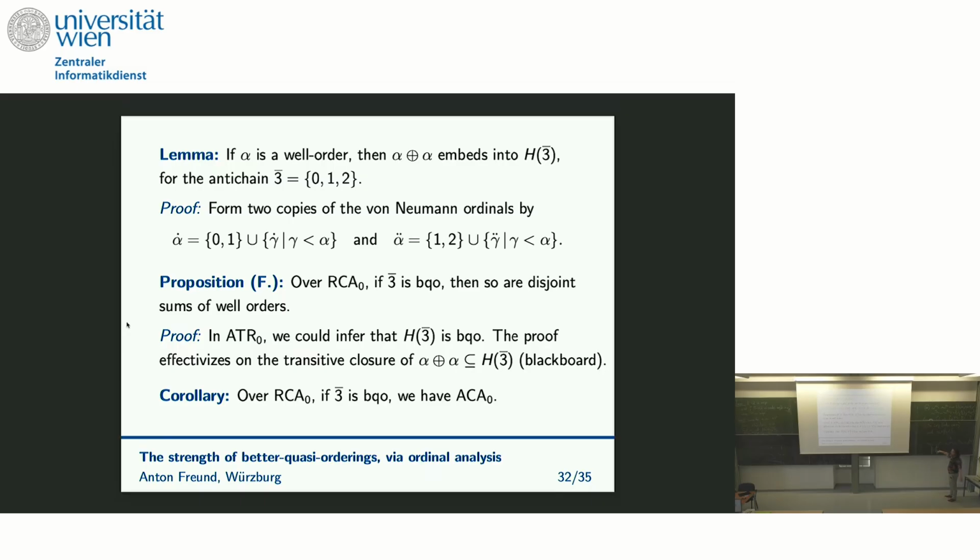And I can produce as many of these sets, any finite number that I like, and they will all be incomparable, right? Because on this copy, it looks like one set is bigger, and on the other copy, it looks like the other set is bigger, so they are incomparable. So in this way, I can produce anti-chains of any size.